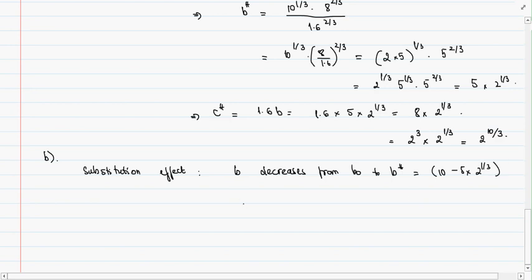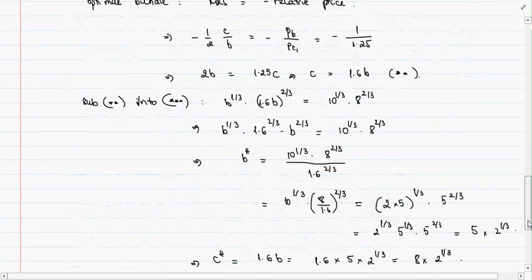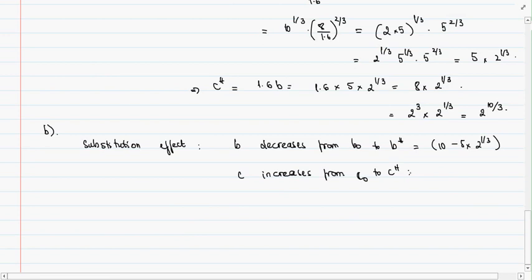Okay, so it decreased by this much, and C is basically increasing from C0 to CH. Our C0 was 8, and say CH is 2^(10/3). So the decrease over here is 5 times 2^(1/3) minus 10, and that should be a negative number.